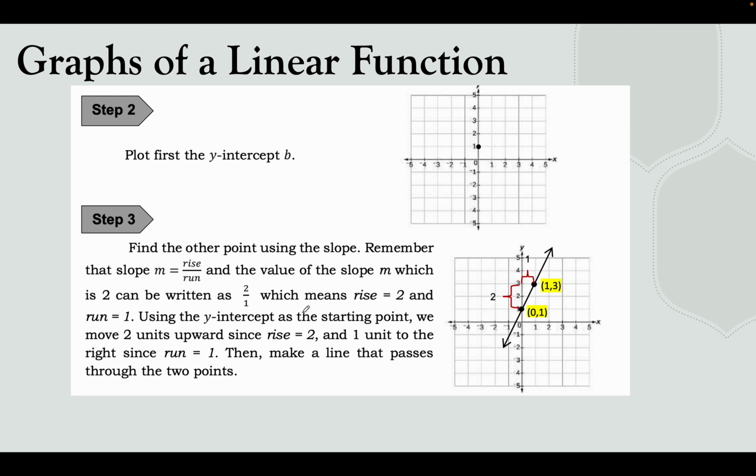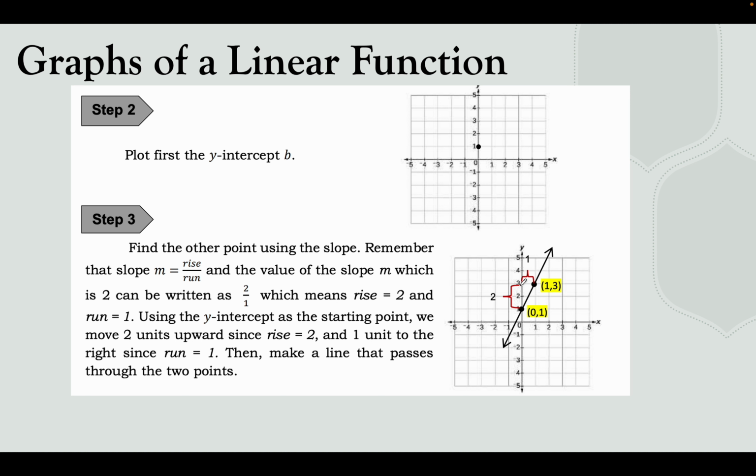So since we have here rise is positive 2, that means we need to move 2 units upward, and 1 unit to the right since we have run is equals to a positive 1. So first, focus on your first point, which is the y-intercept, then move 2 places upward since our rise is 2. 1, 2.